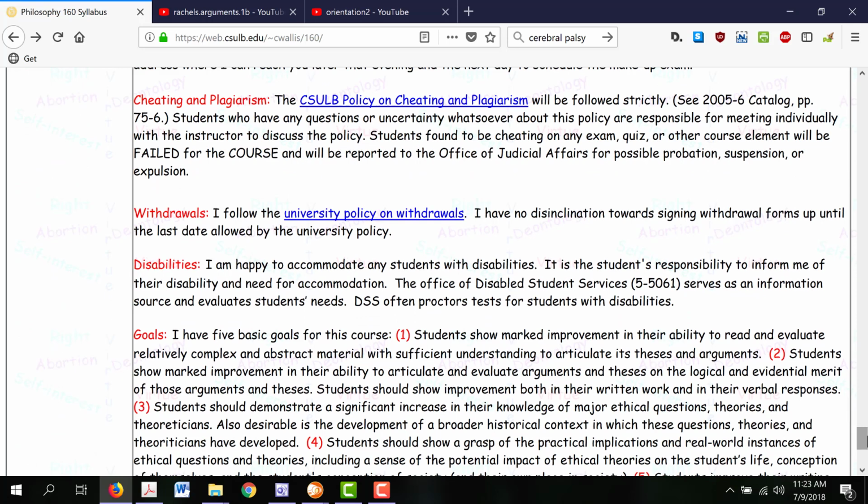If you have a learning disability, for instance, I have dyslexia, then I'm happy to accommodate you with any of the appropriate remedies given your disability. Now, if you're a CSULB student, if you haven't already, I encourage you to go to the Office of Disabled Student Services.